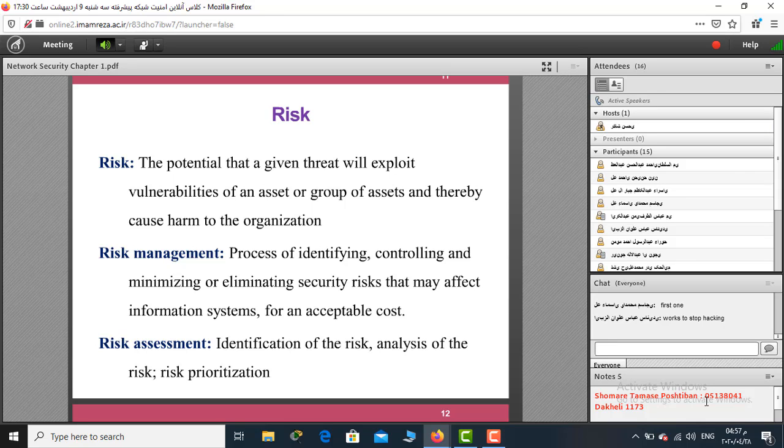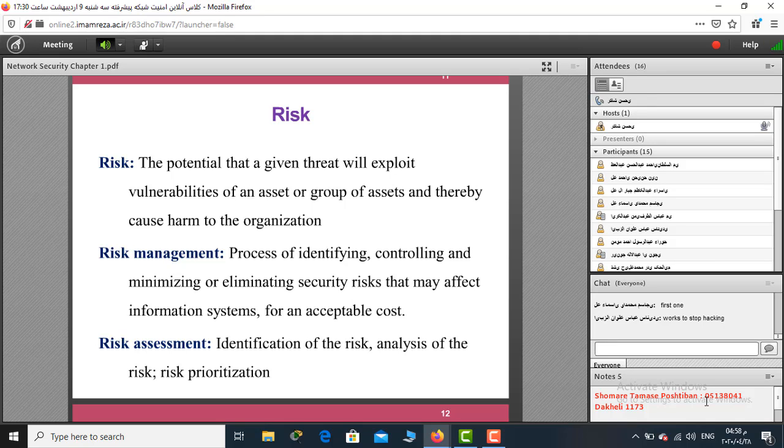Analysis of the risk means to find the origin of the risk and find the solution that is available for risk treatment. And risk prioritization means that we should assign a priority and importance to each risk.